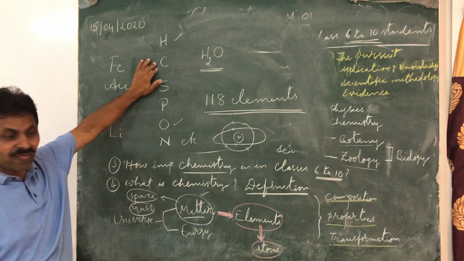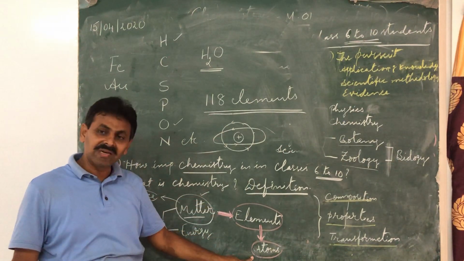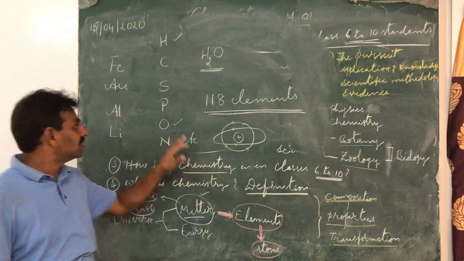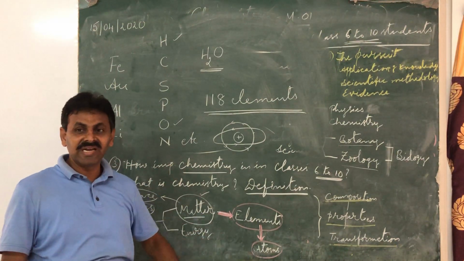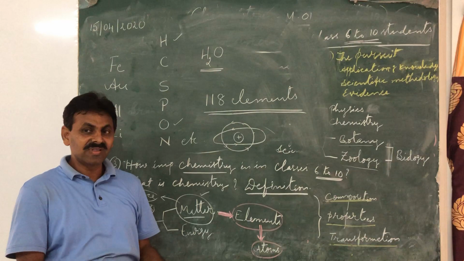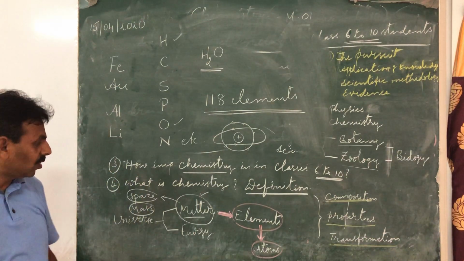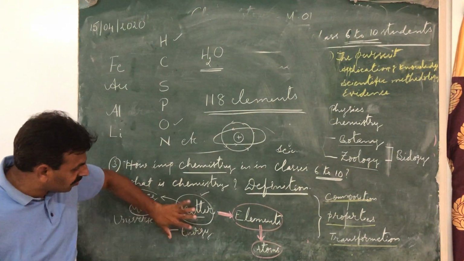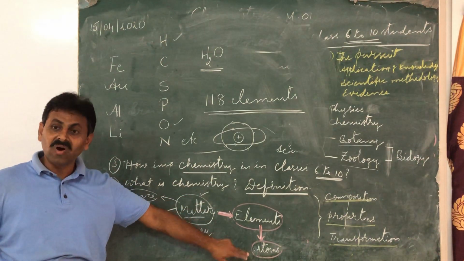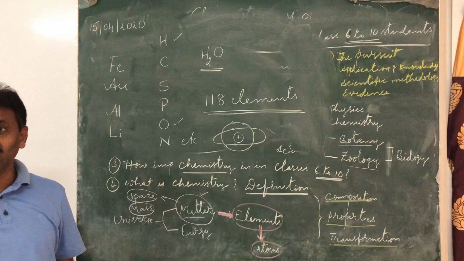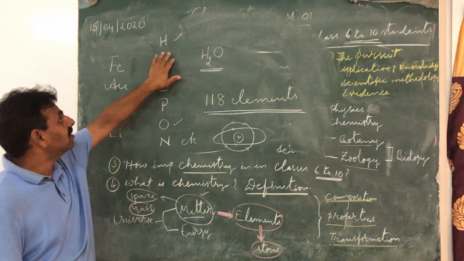Carbon element consists of what? Carbon atoms. Phosphorus element consists of what? Phosphorus atoms. An element consists of the similar type of atoms. So, what are the building blocks of the matter? Finally, they are atoms. Now, are all the atoms same? No. They depend on the element.